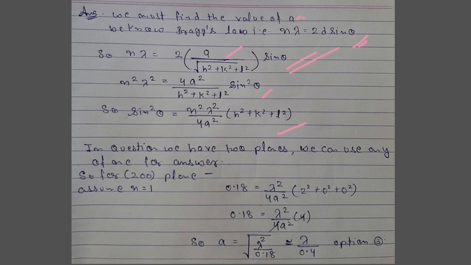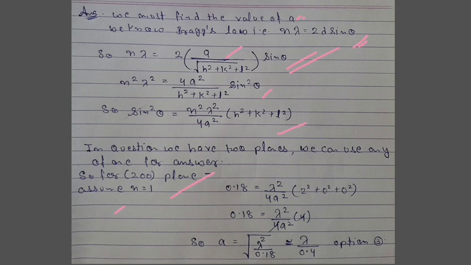In the question you see that we have two planes, so we can use either of these planes for our answer. Let us use the plane 200. And you also know that when you don't have any value of n in the question, assume that the value of n will be 1.